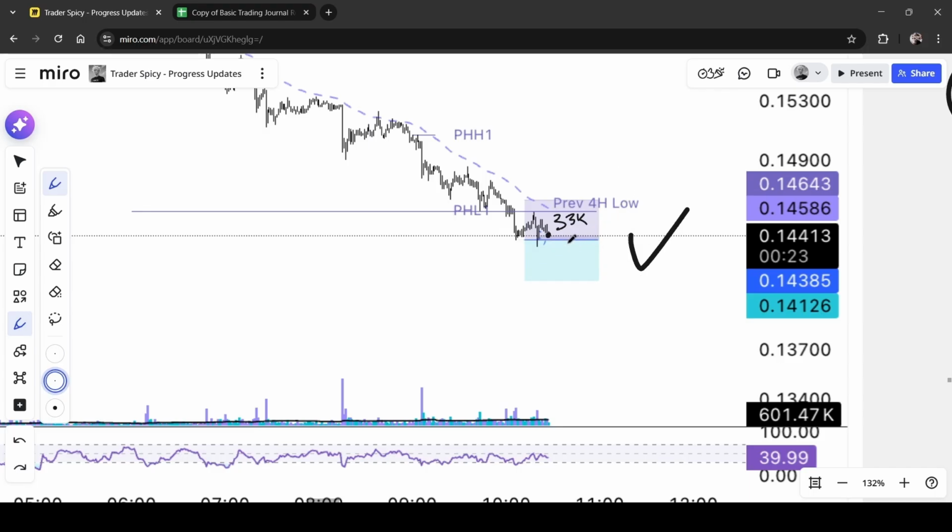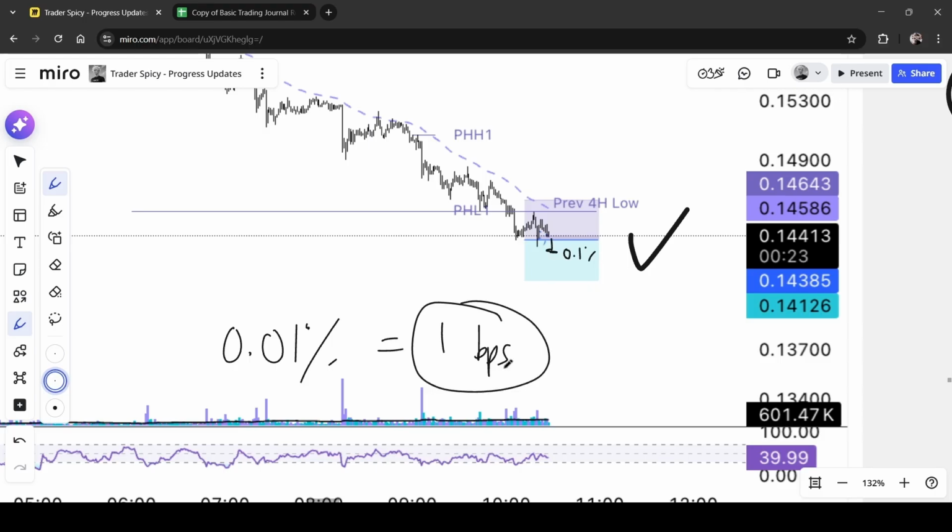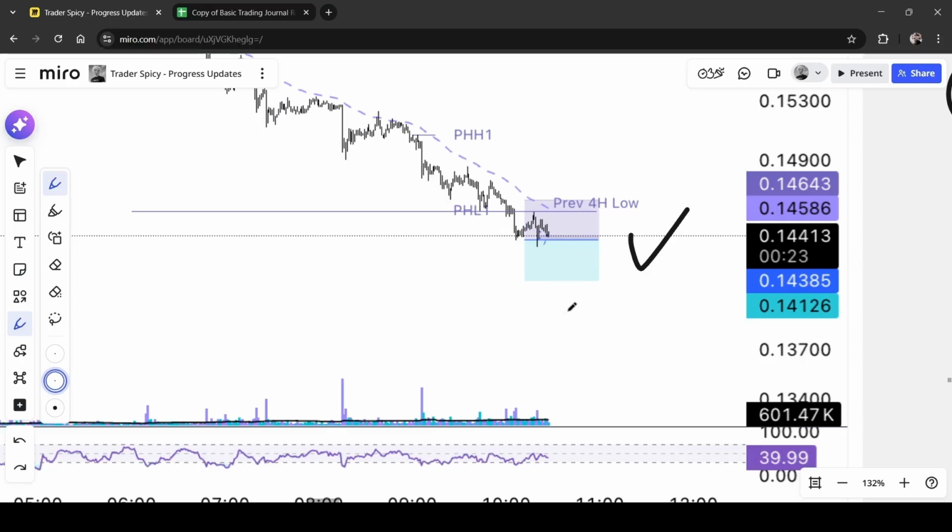But if you hit in with the full 100K market sell at the time of your entry, you might get slipped like 10 basis points, right? Like 0.1% in slippage. For those who don't know, 0.01% is 1 basis point, 1 BPS. This is just easier to say than 0.01%, right? So 1 BPS. Okay, so that's one thing that you could do.